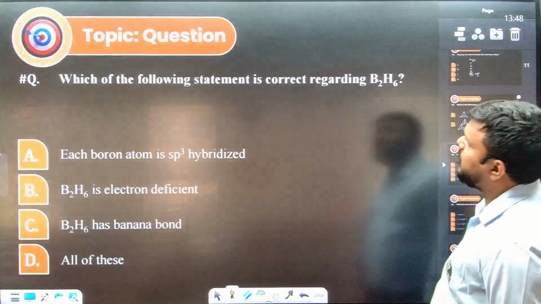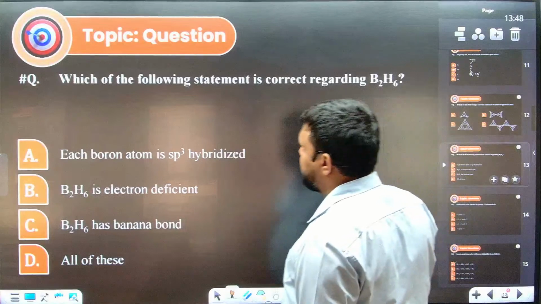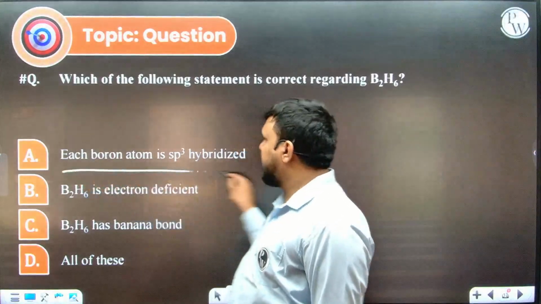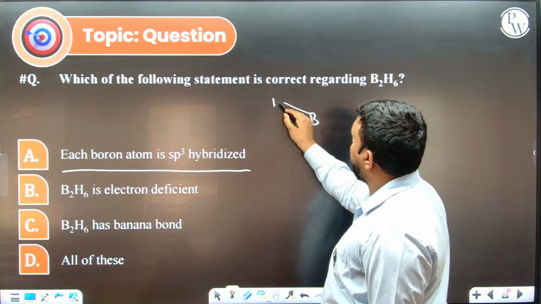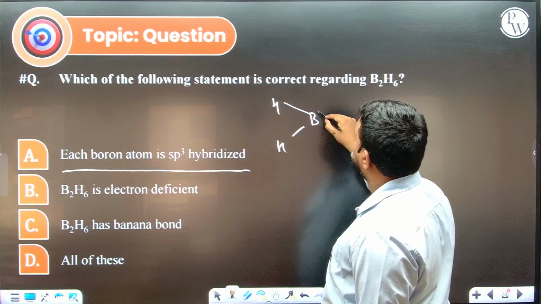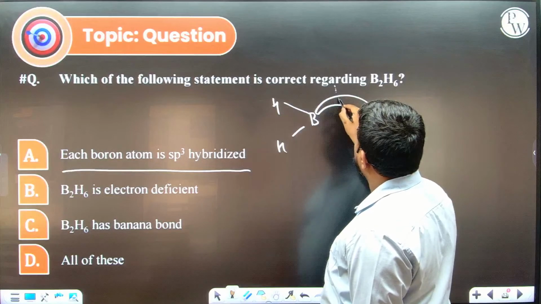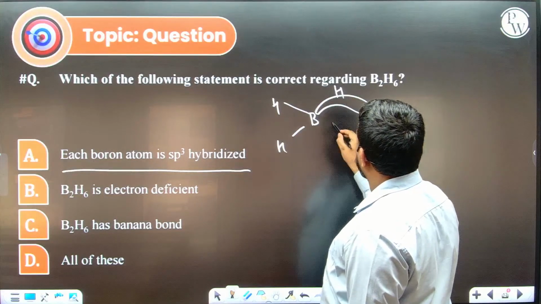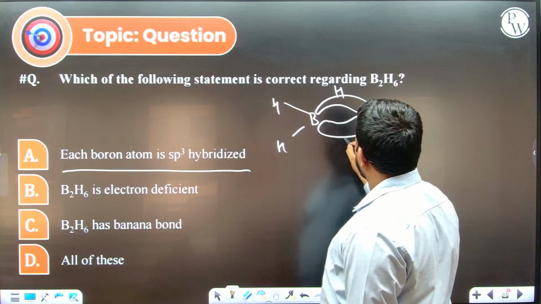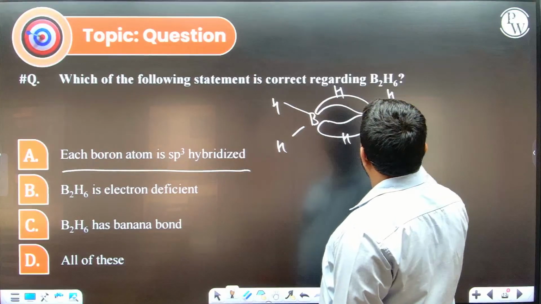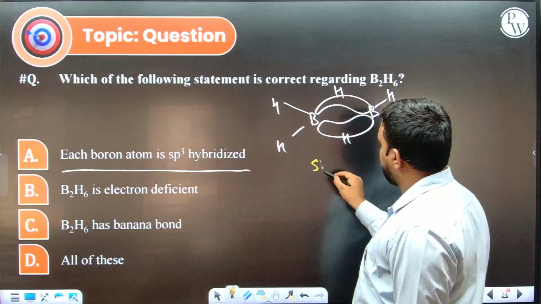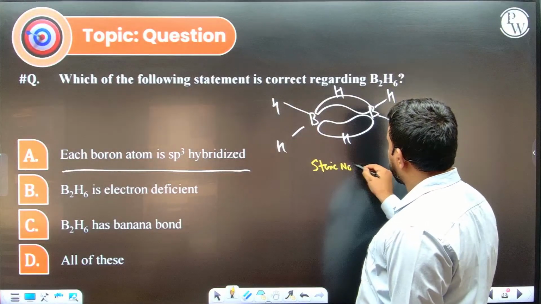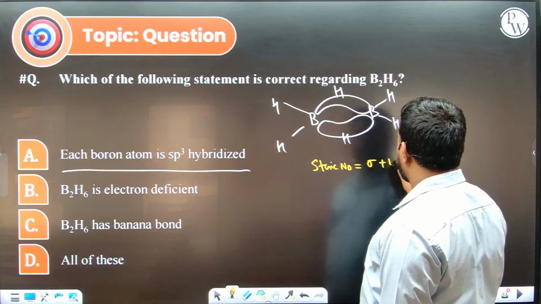Next question is, which of the following statements is correct regarding B2H6? Each boron atom is sp3. See, if you look at every boron over here, how many bonds has it formed? Everybody knows steric number. Steric number is nothing but sigma bonds plus lone pairs.